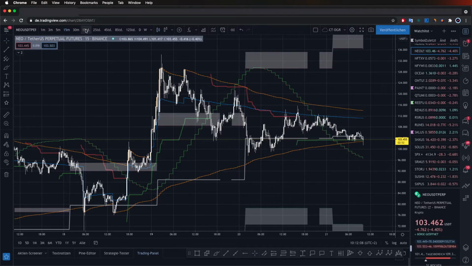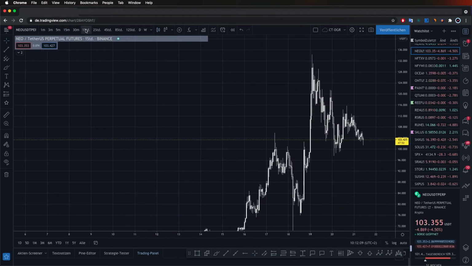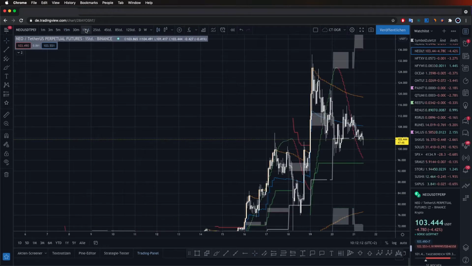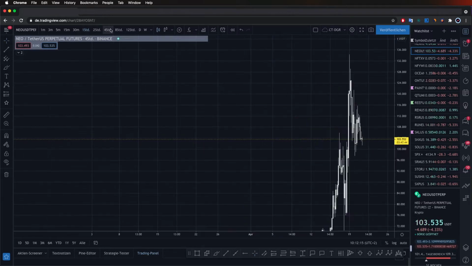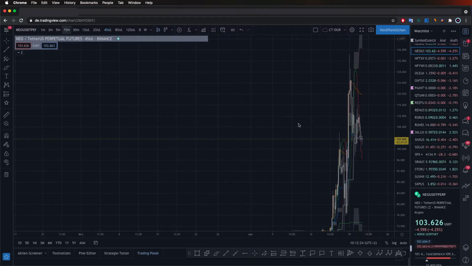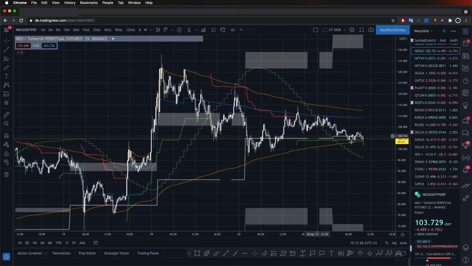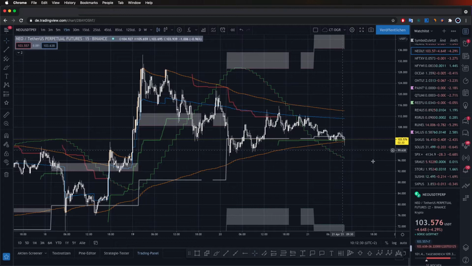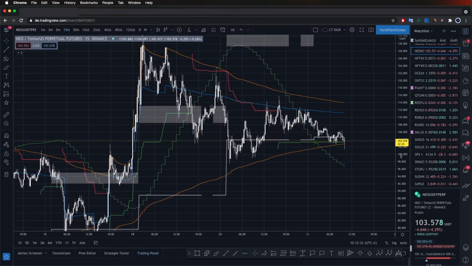We already came back in the 15 minutes to be bullish. Let me quickly see the 1 hour. We are also bullish in the 1 hour, and yeah, there's our bullish line in the 4 hour. So NEO at this moment looks really bullish. What we are hoping for is exactly what's happening right now.